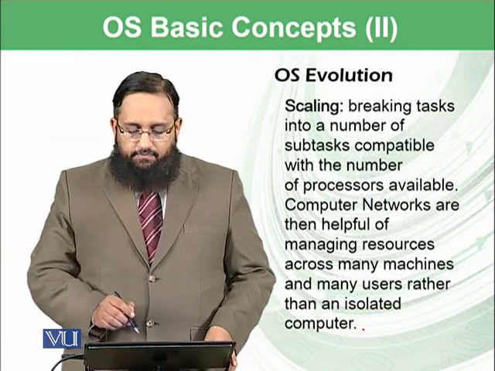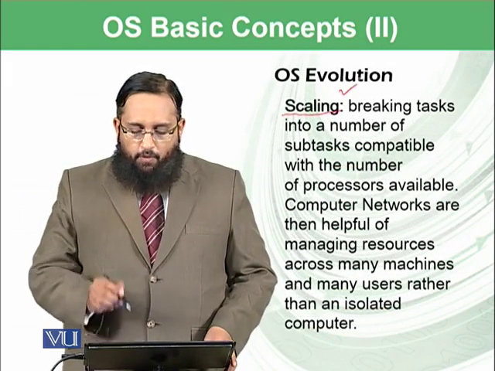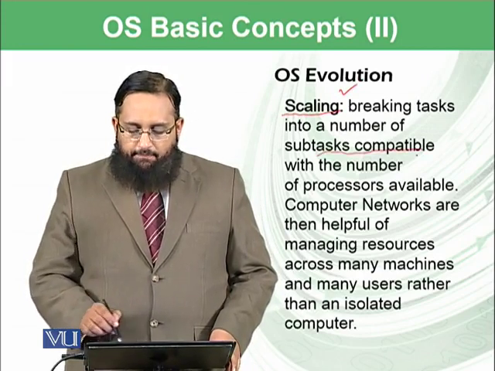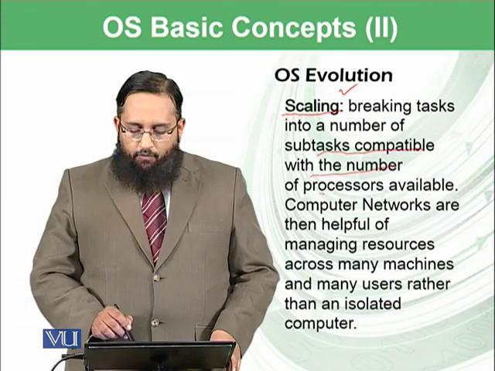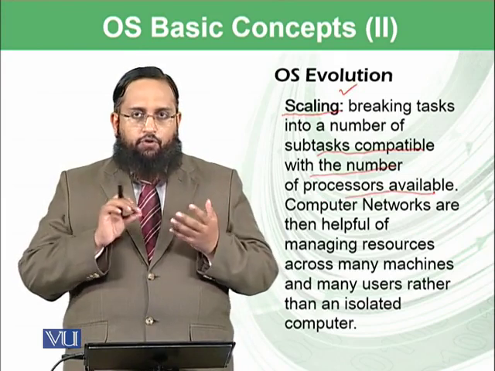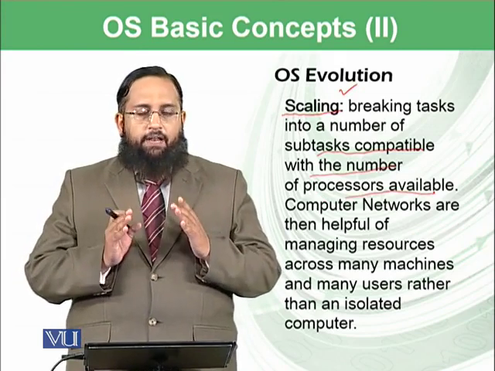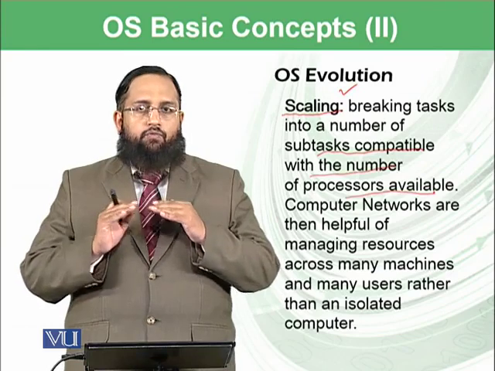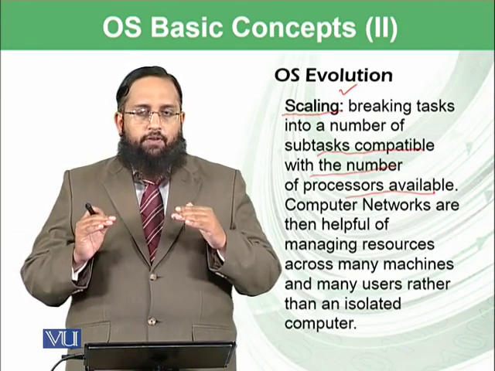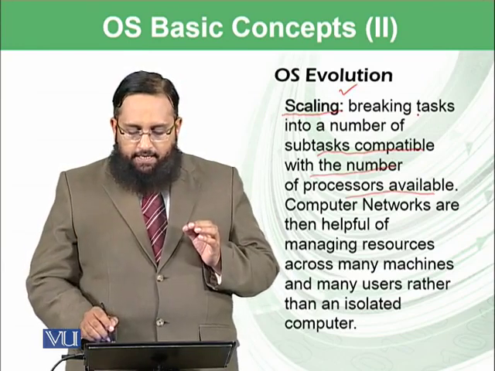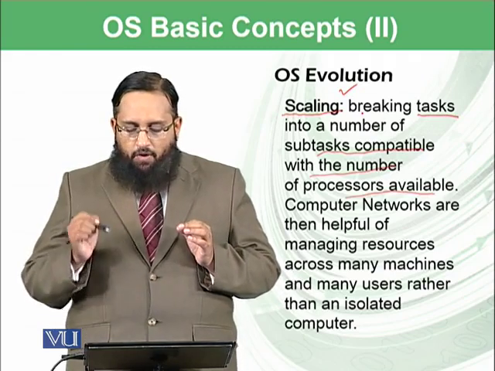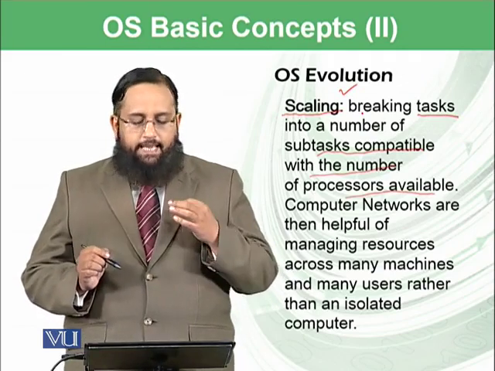And then in load balancing, we also learn about scaling, which means you are breaking tasks into a number of subtasks compatible with the number of processors available. Whatever you achieve in load balancing by dividing an equal amount of workload to each processor, and breaking those small tasks into smaller subtasks, is known as scaling.